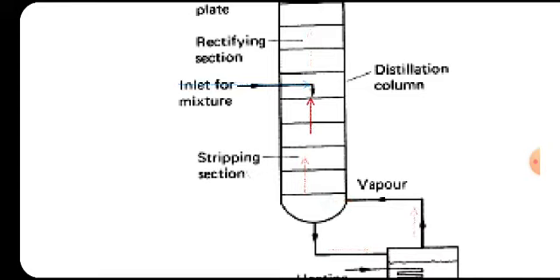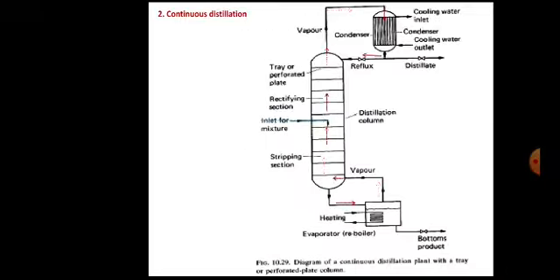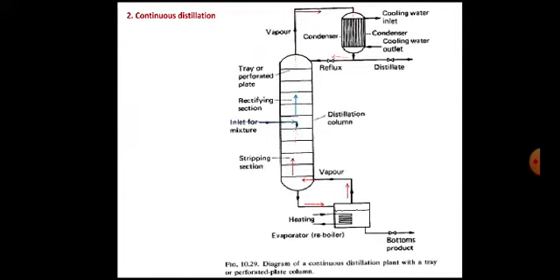Whatever solvent is present in the droplet of the incoming mixture will be immediately vaporized, and these vapors will rise to the top and reach the condenser, where they are converted into liquid form, and this is how the distillate is continuously collected.